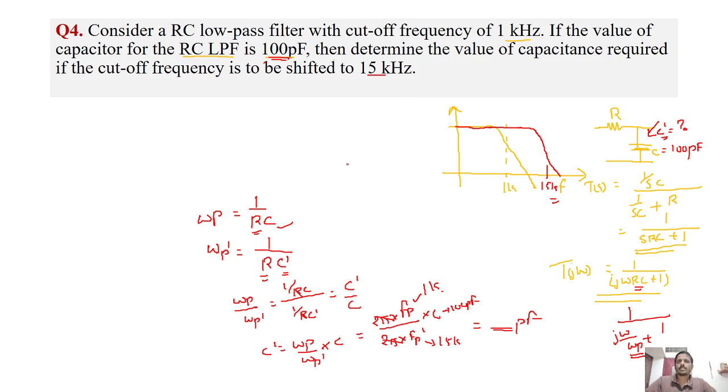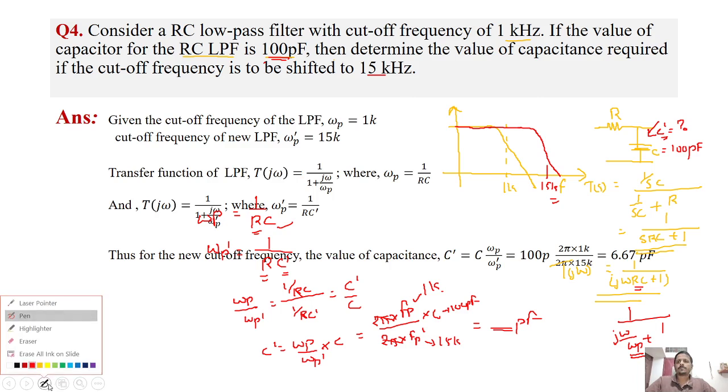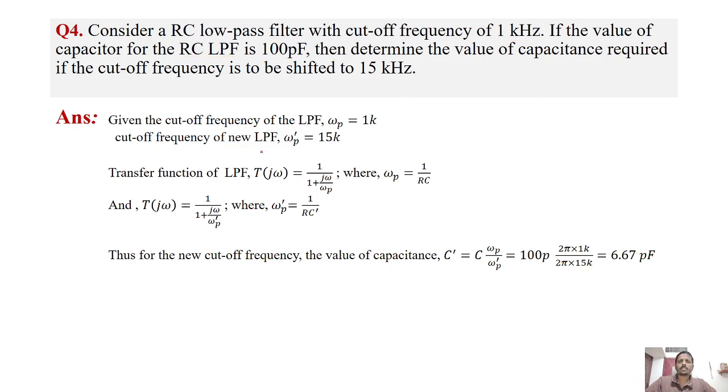So we'll just check the solution here. As mentioned, the cutoff frequency of the low pass filter is already given, and the new cutoff frequency is also given, and we know the general transfer function of a low pass filter is given as this, with omega p equal to 1 by RC. Also, if the capacitance is replaced with a new capacitance, omega p dash will be equal to 1 by RC dash.